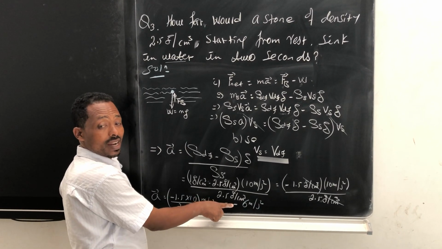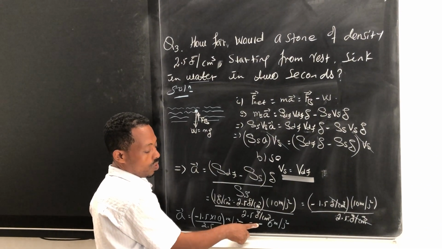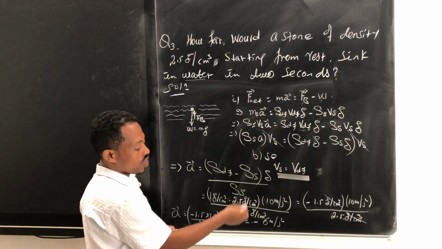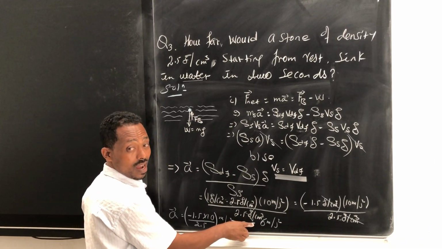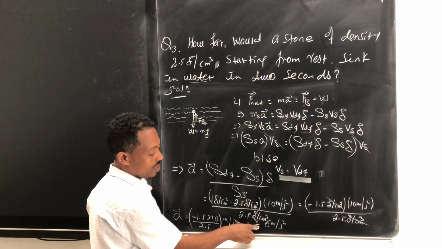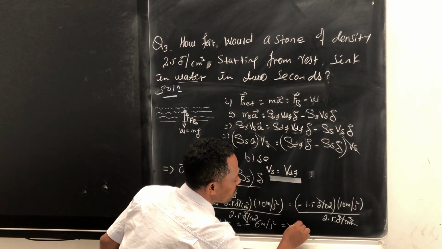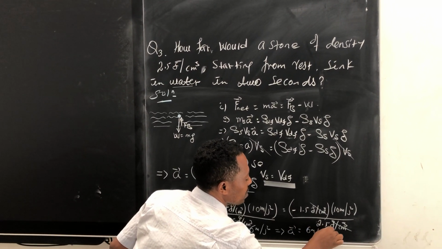This negative sign tells us the direction of the stone. The direction of the stone is downward, and so the acceleration is simply 6 meter per second squared.